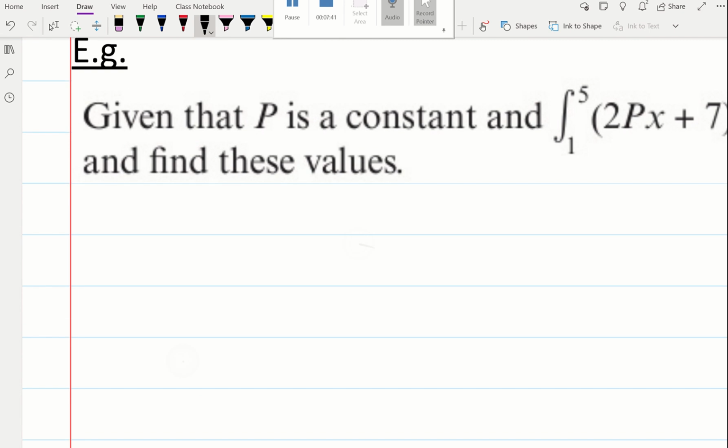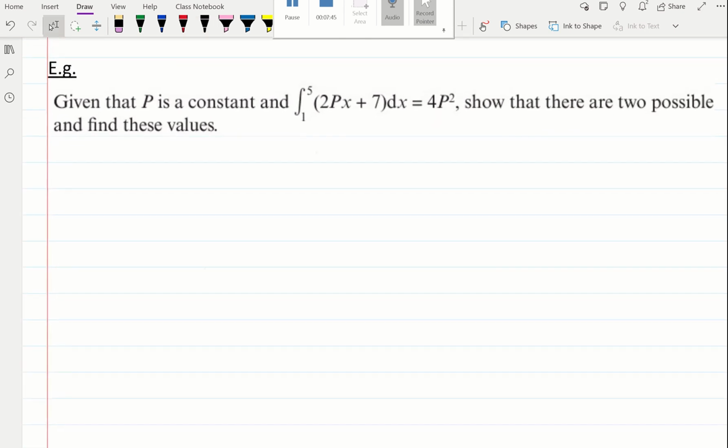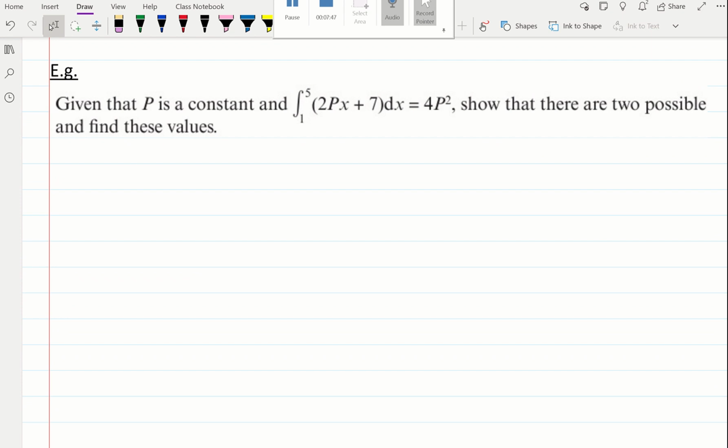And then the final example, which is also from the P2 textbook, is as follows. So it says, given that p is a constant, it's a number, it's not a variable, I'm not integrating with respect to it. So given that p is a constant, and when you integrate 2px plus 7 and you find the value of the definite integral between 5 and 1, it equals 4p squared.